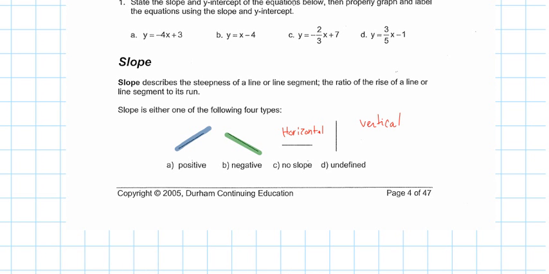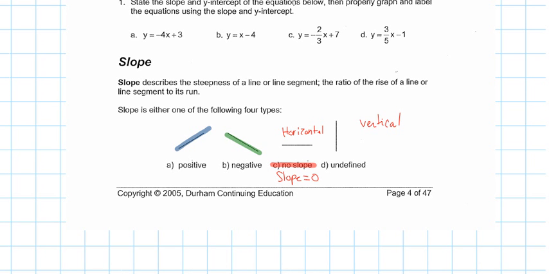So the special cases: a horizontal line has a slope of 0, or we can say it has no slope. Okay? So all horizontal lines have no slope, or we can say a slope of 0. Okay? And for a vertical line, the slope is undefined.